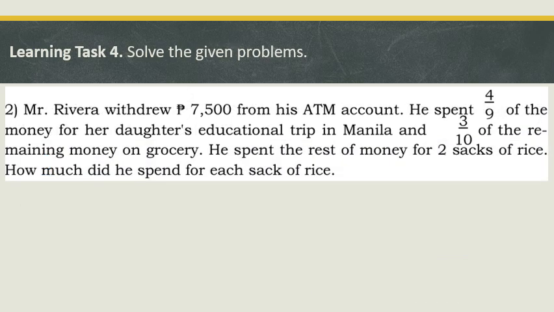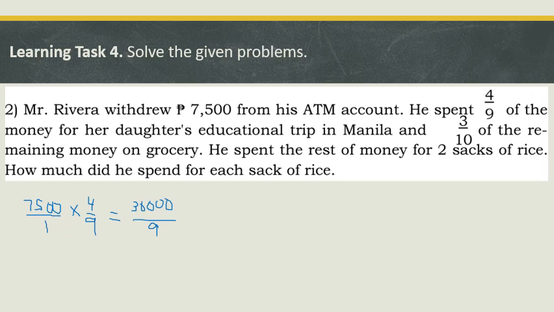So, sa number 2, so dito sa problem na to, si Mr. Rivera nag-withdraw ng 7,500. Tapos, ang 4/9 daw nito ay ginamit niya sa kanyang daughter. Okay, kung 4/9 yung ginamit niya, so multiply natin. So, 7,500 times 4 is 30,000. 1 times 9 is 9.